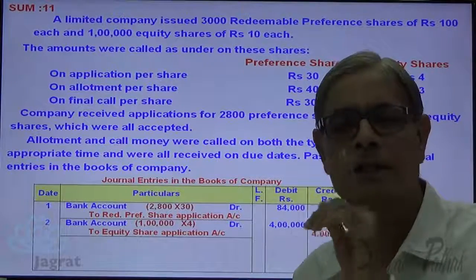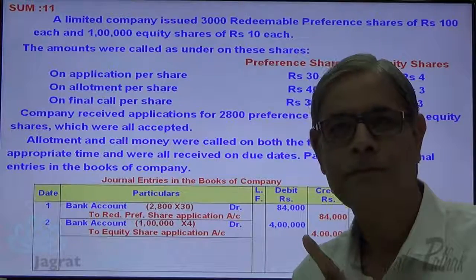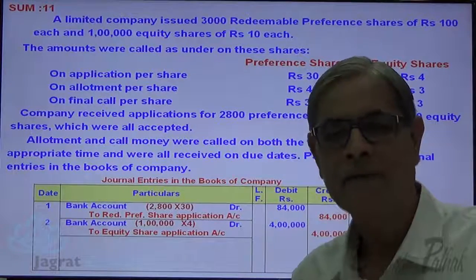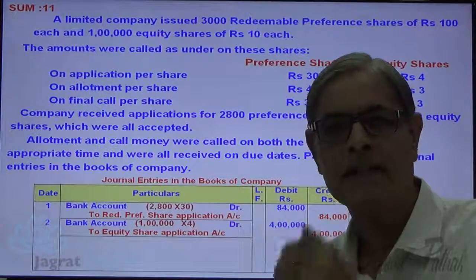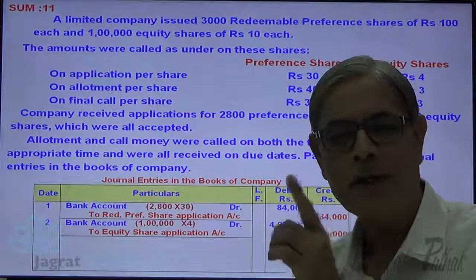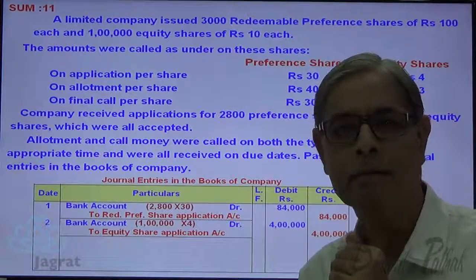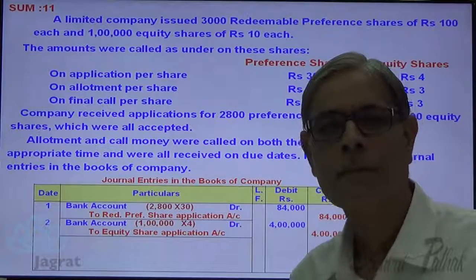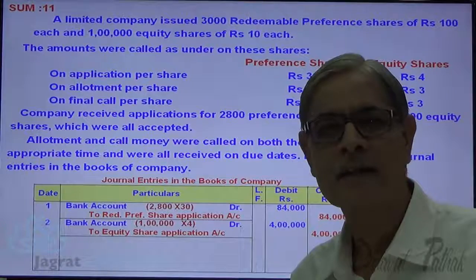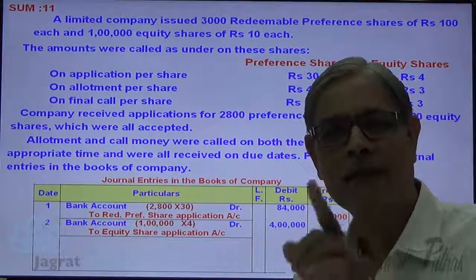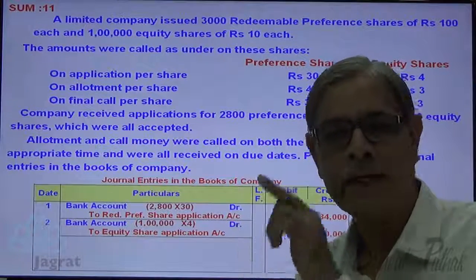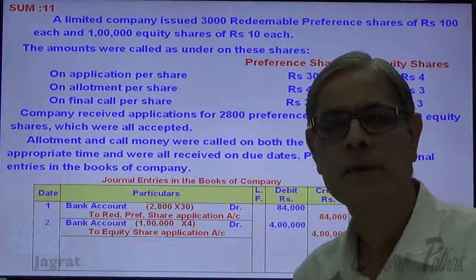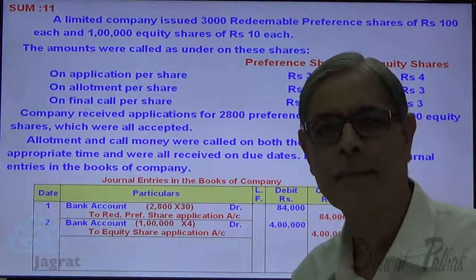When contract comes into existence, at a moment when the offer of an applicant is accepted by the company, here the offer is accepted by allotment, by conduct, and for that allotment, resolution in the meeting of board of directors is necessary. And when this resolution is passed, the application money gets transferred to redeemable preference capital account.